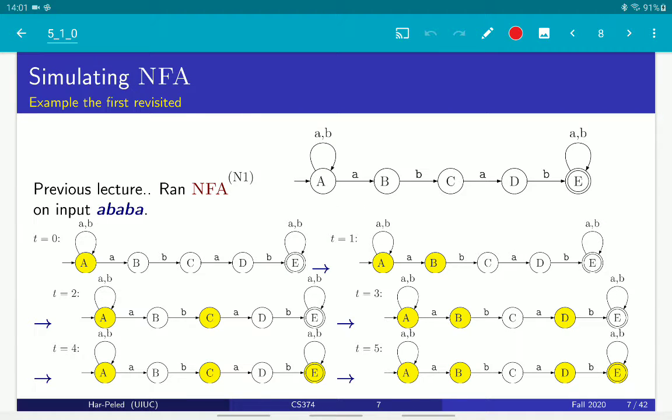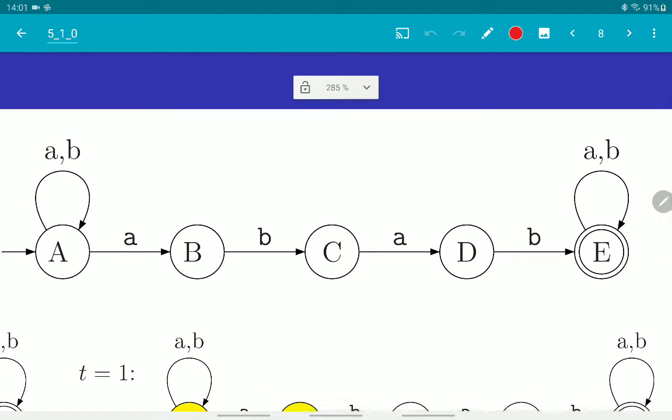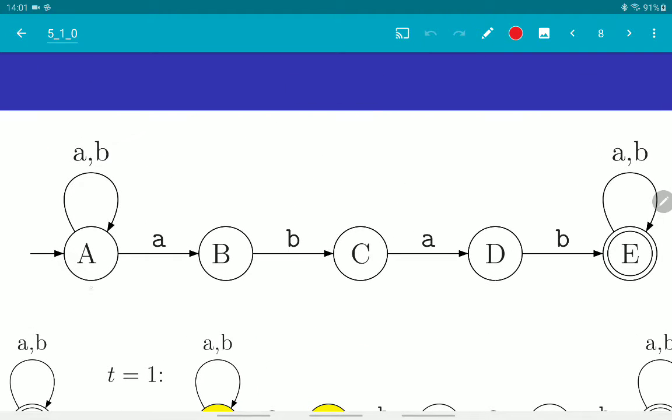So in the previous lecture, we saw how to simulate an NFA, right? We were given this NFA and we simulated it on the input ABA. The idea was that for every state we had a light that said the NFA might be in this state if it's turned on, and it's definitely not in this state if it's turned off.